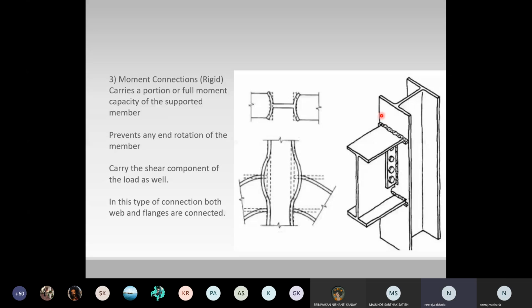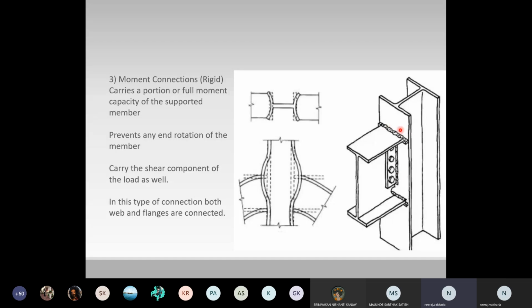For this reason, they are referred to as rigid or fully restrained connections and are used to create a frame. Common moment connections include directly welded members, flange plates, and end plate conditions.